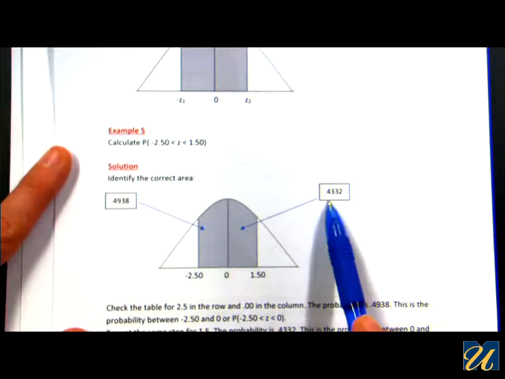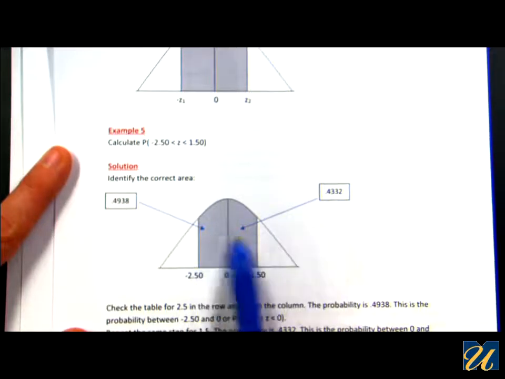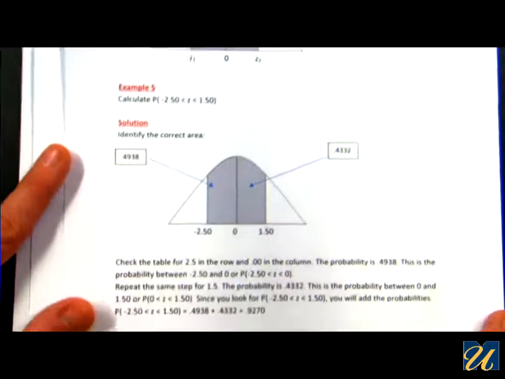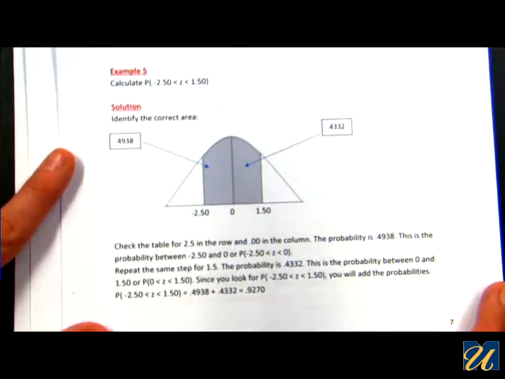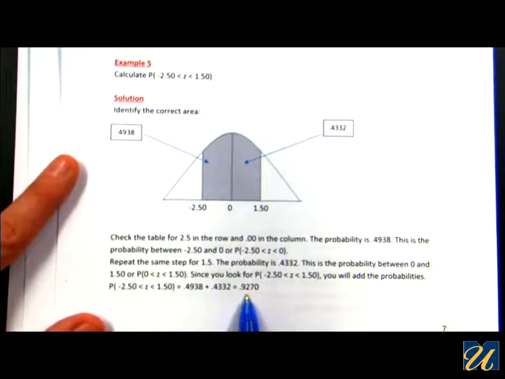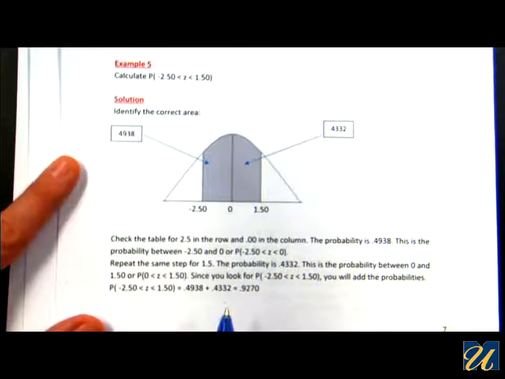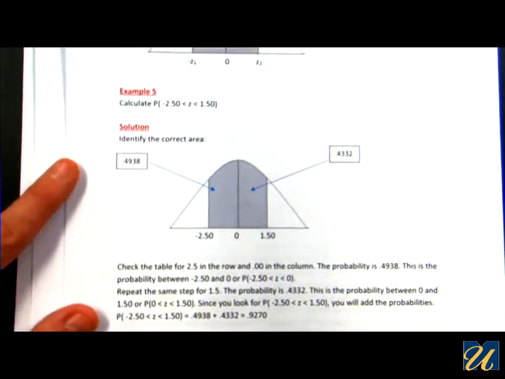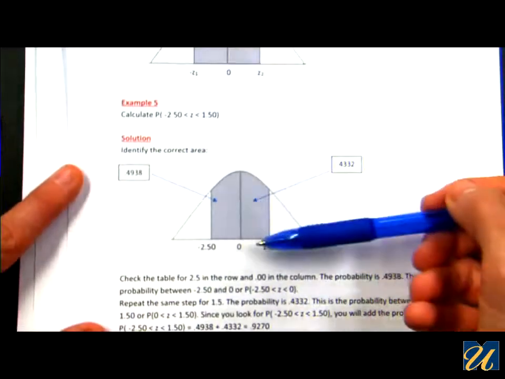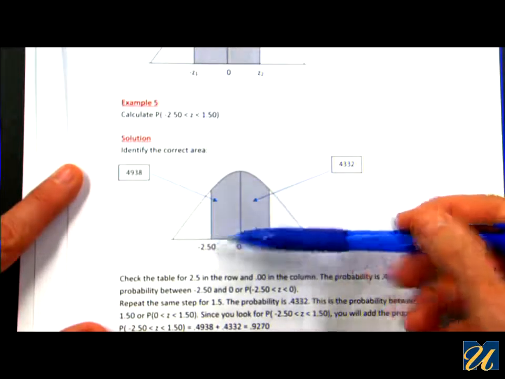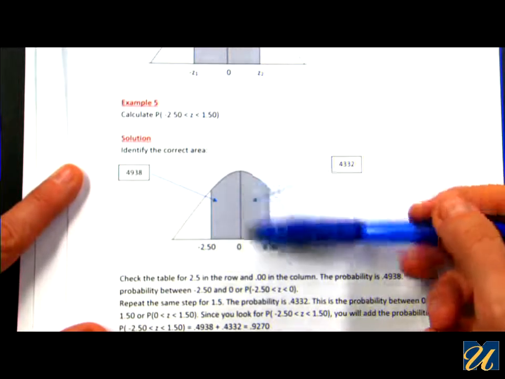This will be 0.4332, and based on the area you want, you simply add the two probabilities. So the answer for this question will be 0.9270.